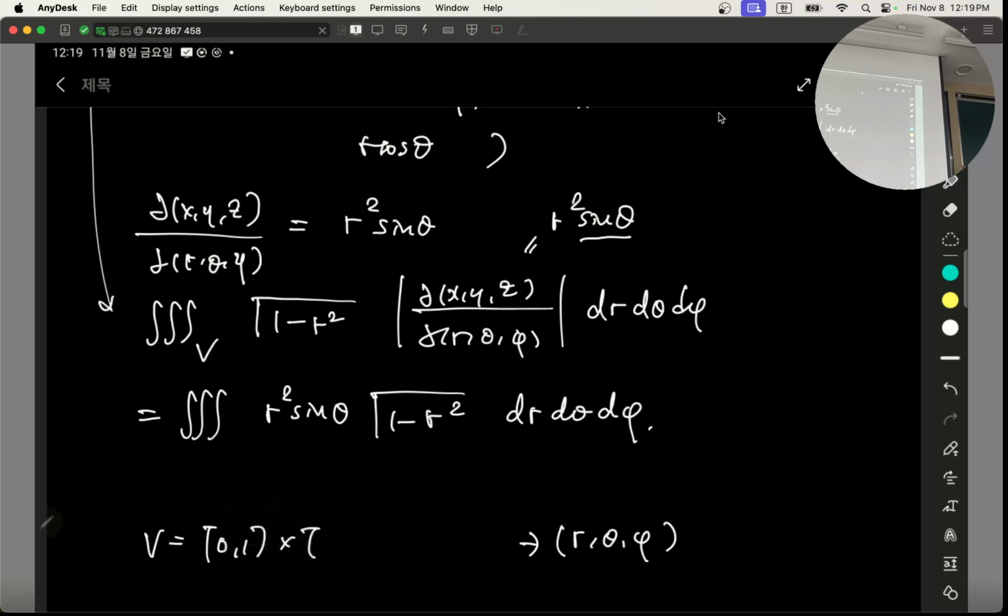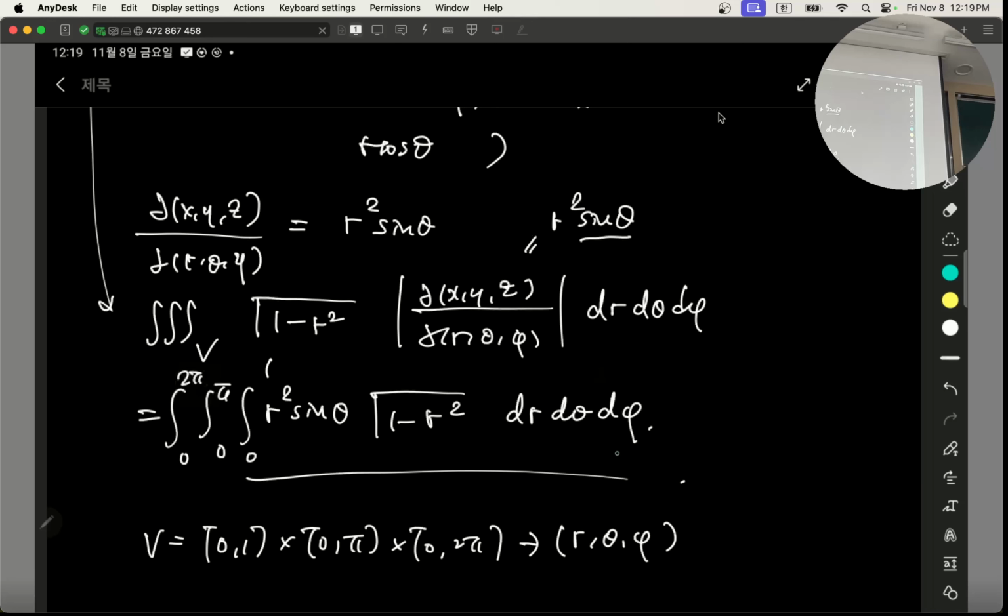And theta, which determines the height, ranges from 0 to pi. And phi is from 0 to 2 pi. So it's simply the cube in the r theta phi region: r from 0 to 1, theta from 0 to pi, and phi from 0 to 2 pi.